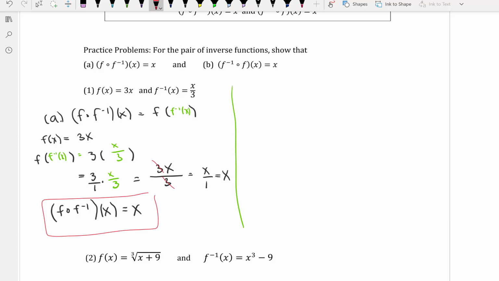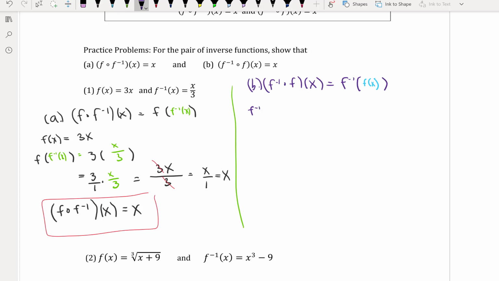So for part B, we're going to do the exact same thing, except now we have the f inverse on the outside. So f inverse composed with f with respect to x. That's going to be f inverse on the outside, and on the inside we're going to have my function f of x.